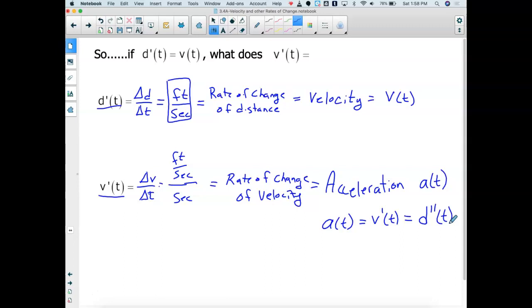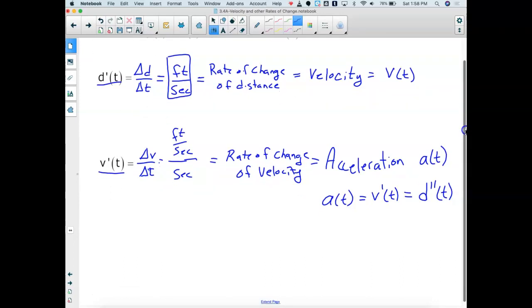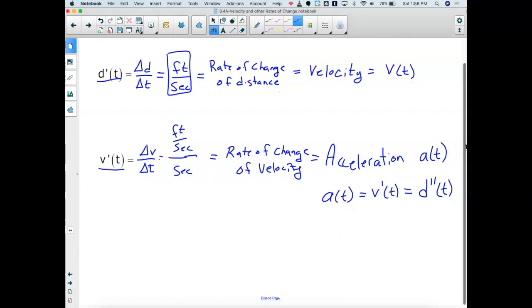So as I'm moving along and finding all these equations, okay, units, people screw up a lot on acceleration because of what's this, feet per second per second. Well, all I really have here is a complex fraction. So I really have feet per second times the reciprocal of the bottom, 1 over seconds. Well, that gives us feet per second squared. So acceleration has feet per second squared as units on it, okay?